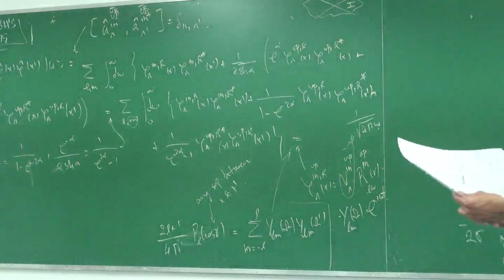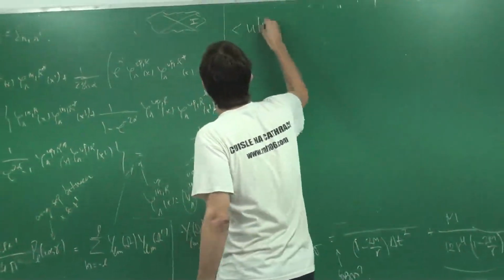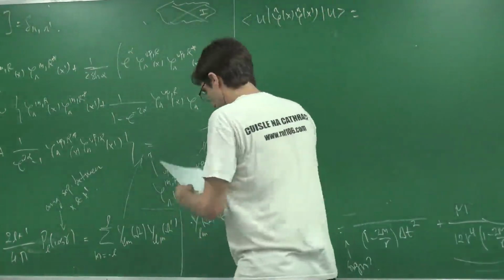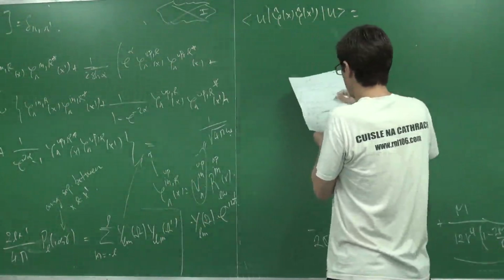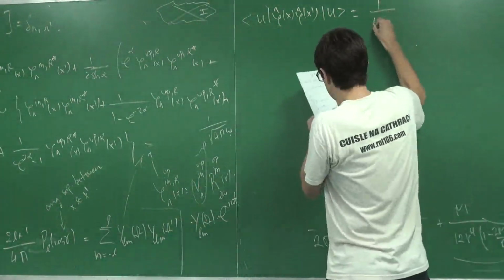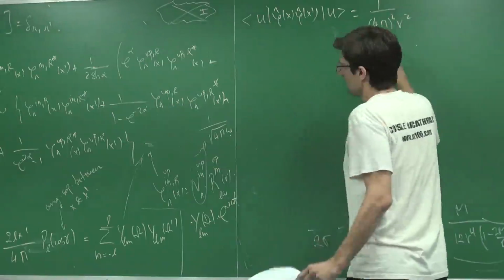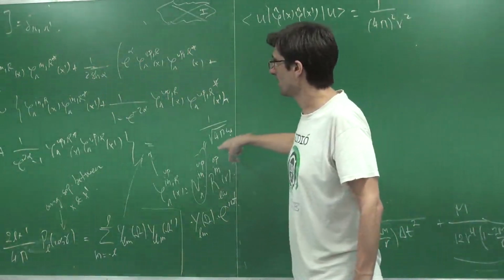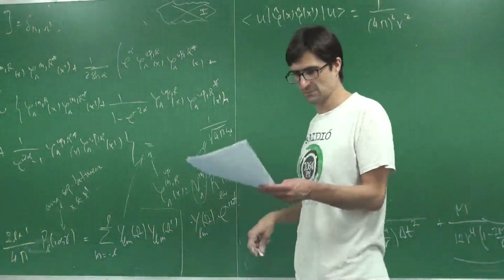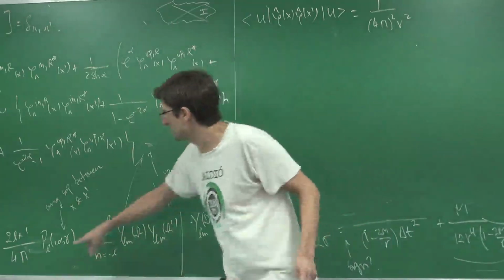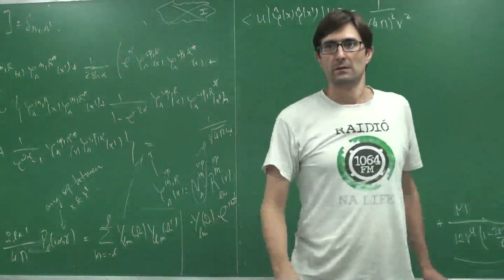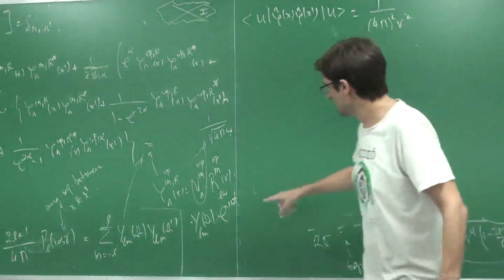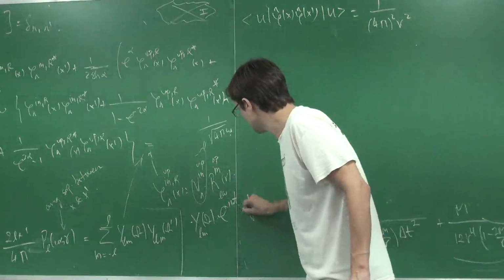Okay, so you put all this together and you get 4 pi squared, coming from a 4 pi from here and a 4 pi from the angular part, r squared, because I'm here missing a 1 over r.